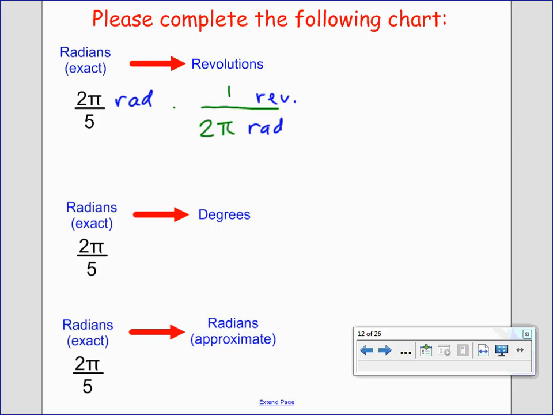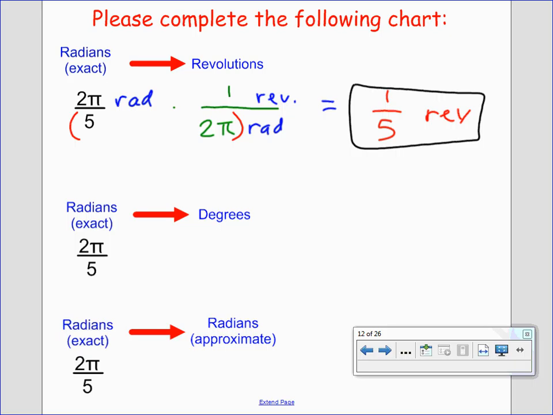Again, we'll multiply straight across, divide by every quantity on the bottom. If you're going to do it in your calculator, please divide by the quantity 5 times 2 pi, so you're not just dividing by 5 and then multiplying by 2 pi on top inadvertently. You want to put parentheses around that. But we can see here that again the 2 pi's will reduce. 2 pi divided by 2 pi is 1, so I get 1/5 of a revolution. And you can verify that in your calculator as well.